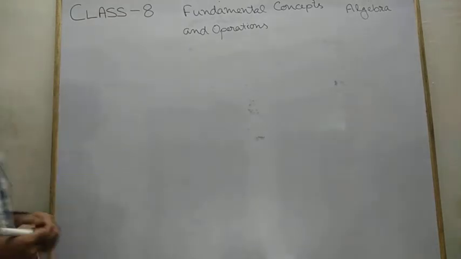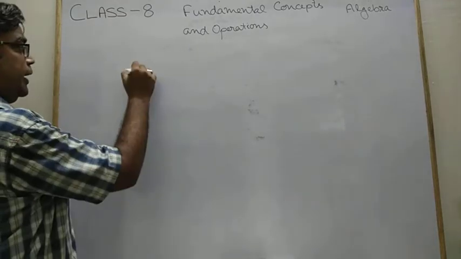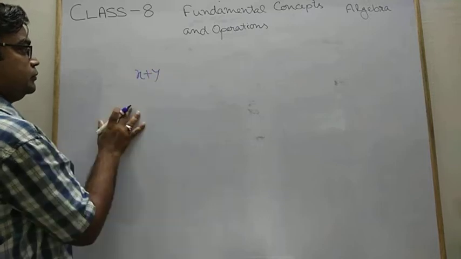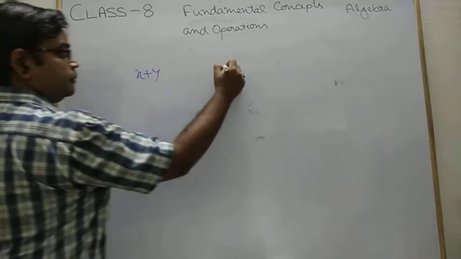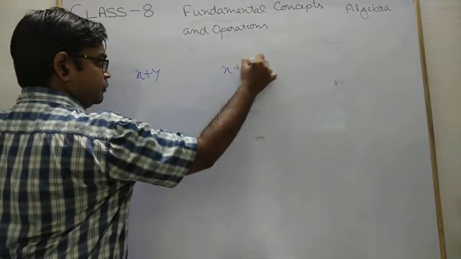I am taking two examples. Suppose we have x plus y, and the other one we have x plus 1 upon y.